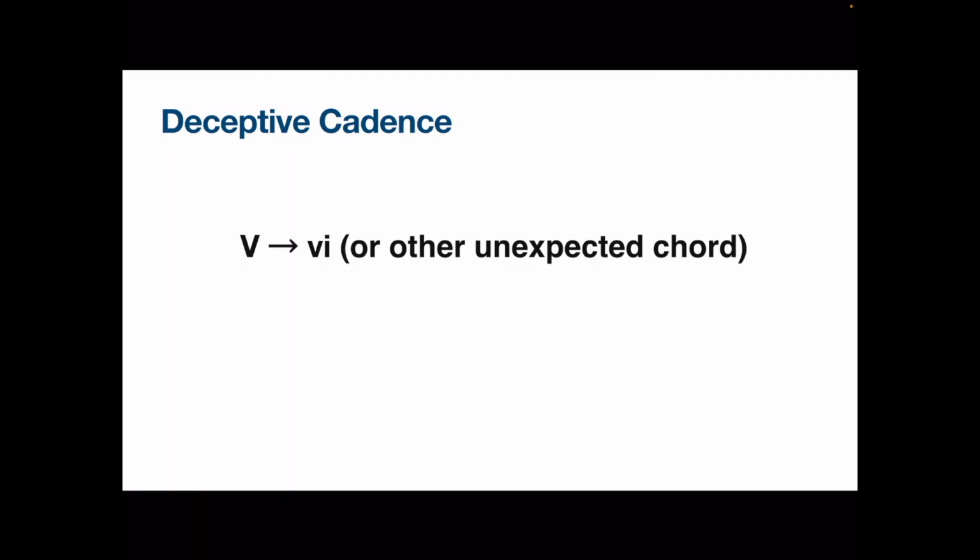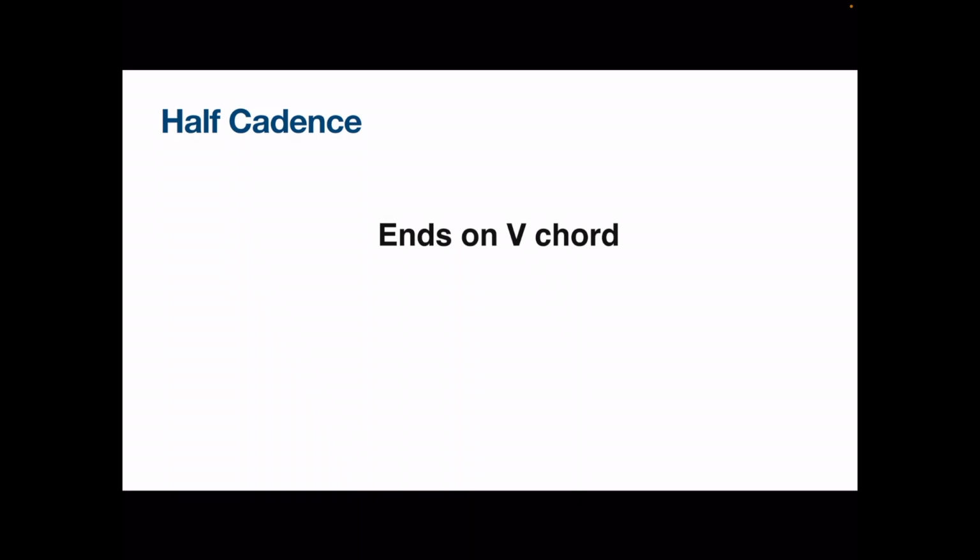So at some point, it does have to come back to 1. So this is the deceptive cadence, and we have one more type of cadence, which is the half cadence.